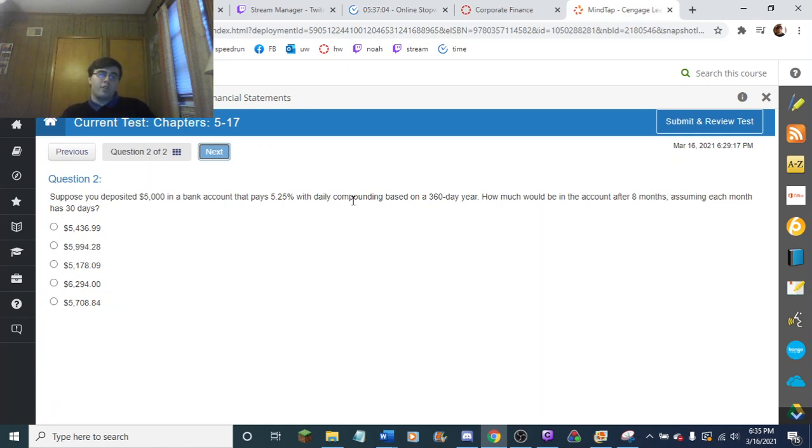So the I is equal to 5.25 divided by 360. Of course, it only rounds to 2 decimals. I'm just going to do 5.25 divided by 360. This is the percent.